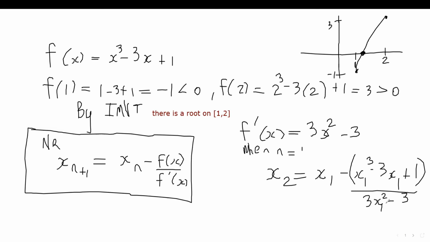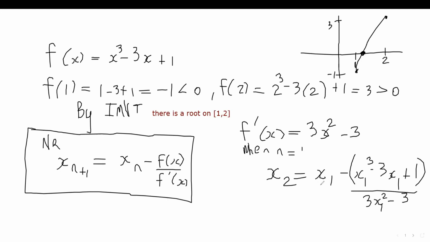Now all you have to do, Marika, is write it as one fraction. So x2, which is alpha, is equal to, writing it as one fraction, this is really over 1. So the LCM would be 3x1 squared minus 3. We'd end up with 3x1 squared minus 3 being multiplied by x1.